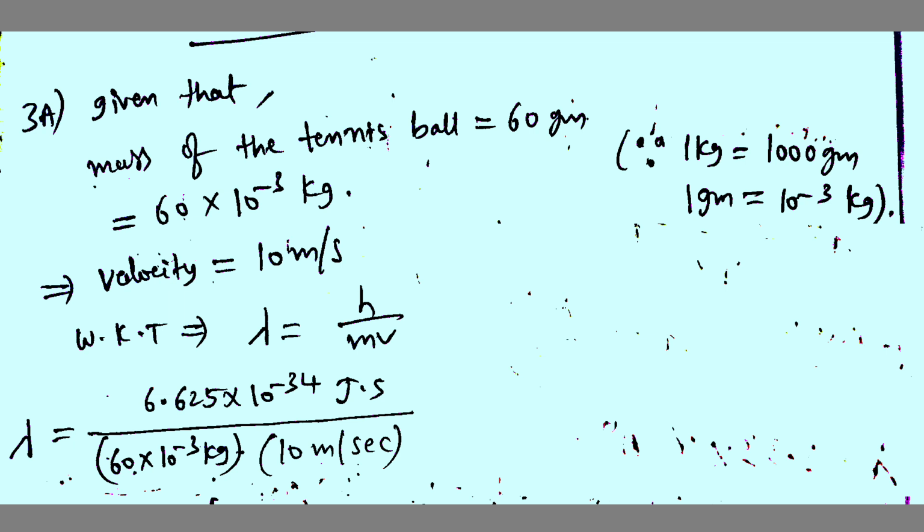Then we know Planck's constant h value is 6.625 into 10 to the power of minus 34 joule second. So lambda is equal to 6.625 into 10 to the power of minus 34 joule second by 60 into 10 to the power of minus 3 kg into 10 meters per second.